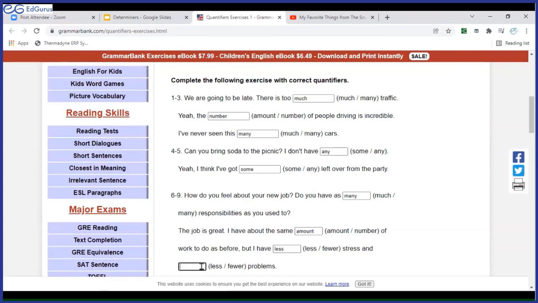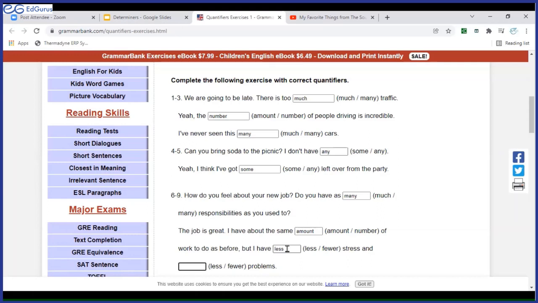And dash problems. Less problems. I have fewer stress and less problems. I have fewer stress. Are you sure? Fewer stress? Is stress countable?